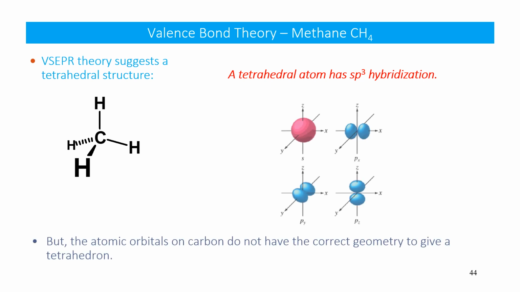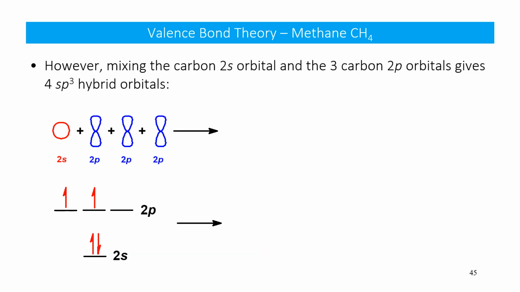How did it achieve this? It achieved this by mixing the four valence atomic orbitals of carbon, which include the four valence electrons of carbon. This is done by mixing the carbon 2s orbital and three carbon 2p orbitals to give us four hybrid orbitals, because if we had stayed with the unhybridized carbon, we would only have a valence of 2.